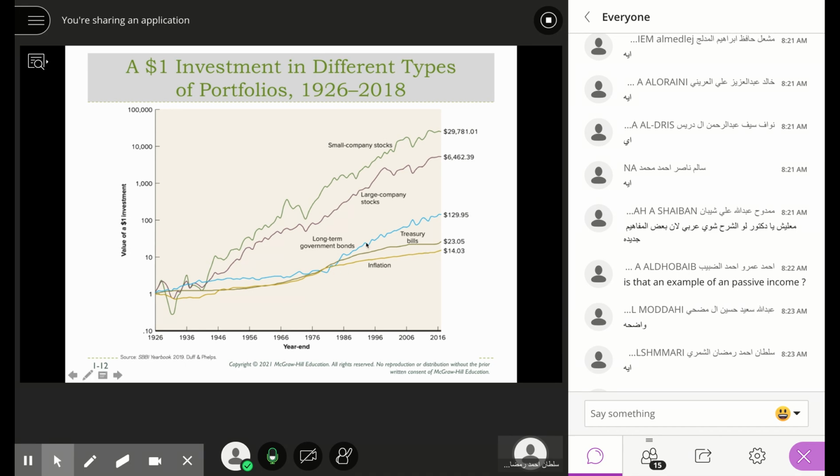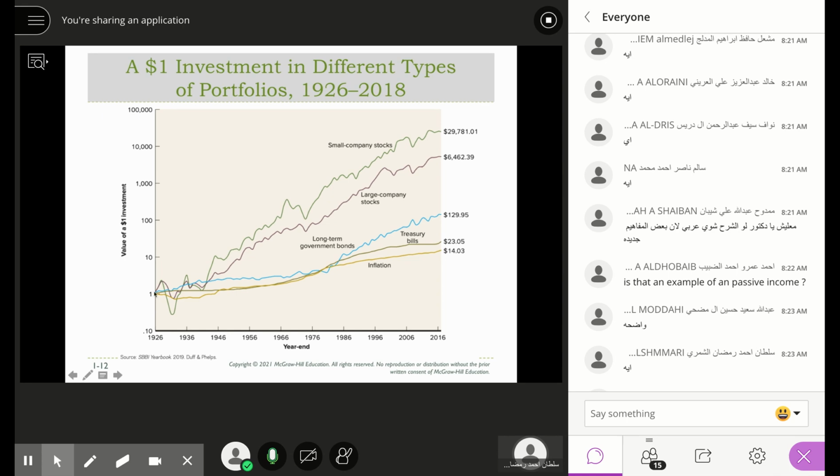Bonds, it's a fixed income investment. It's a debt. So the company would promise you a certain level of return. And the difference between bonds and bills: the maturity of bonds is above 1 year, and for bills, the maturity is below 1 year.